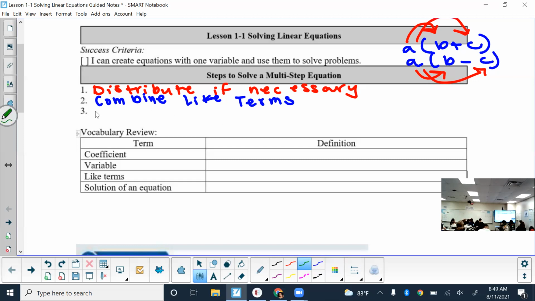Lastly, you are going to solve for the variable, so solve using inverse operations, which is what we talked about yesterday. Those undo what's being done. So step 3, solve using inverse operations.